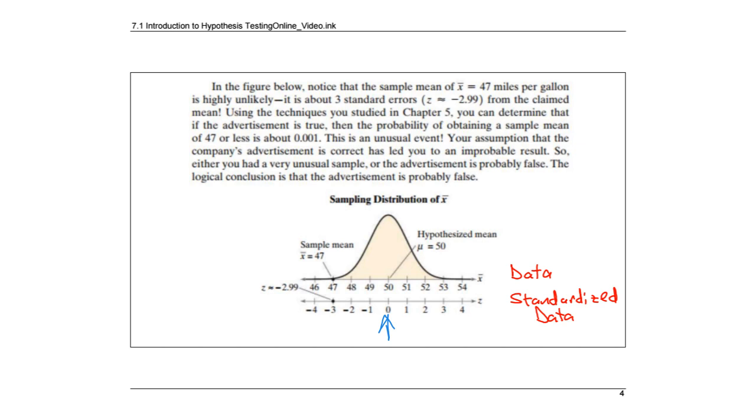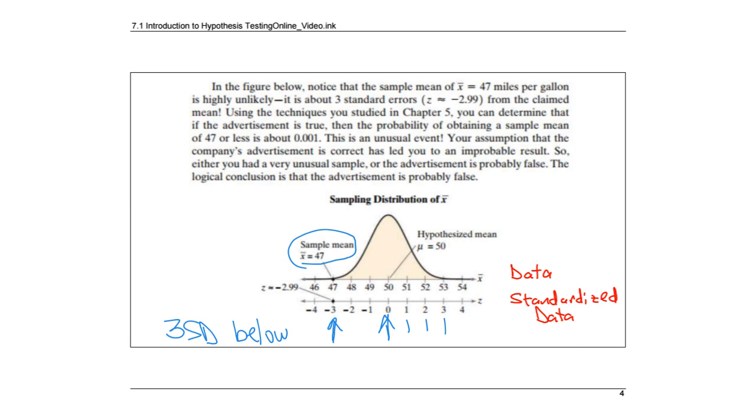And so each tick mark here is another standard deviation. Well, when we did our mean, we were way down here at 47. And so the problem is, look at where we are. We are 3 standard deviations below the mean. That's a problem, right? That makes that very unusual. And so most likely, this advertisement is probably false because that didn't look so good.